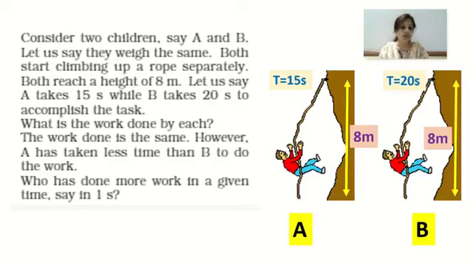But A has taken less time than B to complete the task. Isn't it? Because the displacement is the same, the work done by both of them remains the same. But A has completed his task earlier than B.